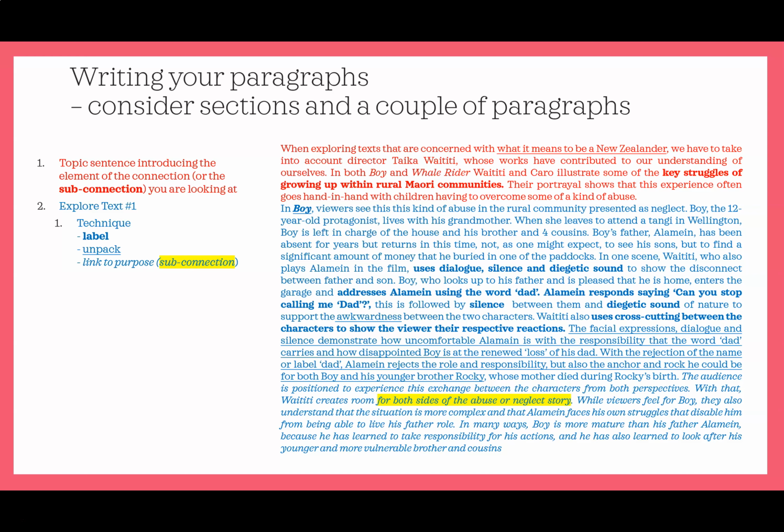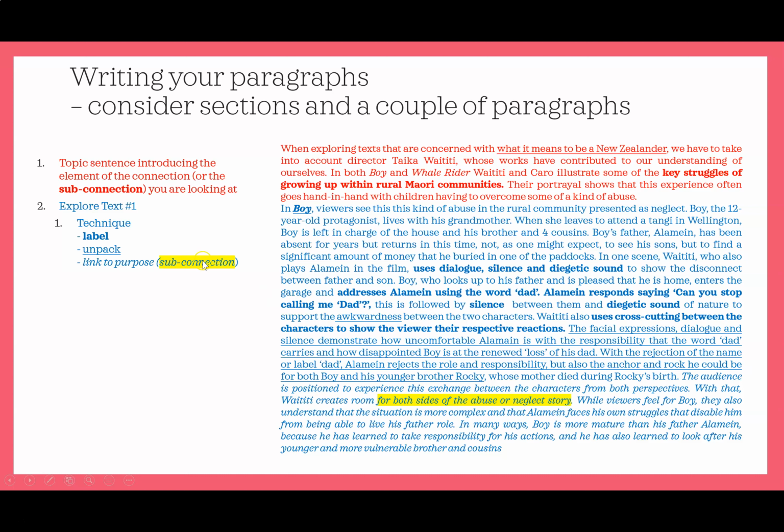And so I made that really clear in a bit of my introduction, that neglect plays a key role in that sort of abuse story. And then what you can see down here in italics is a really clear discussion of how the audience is positioned. So what impact does this text have on the audience? How did the director do that? So I mentioned the director's name as well here, and talking about how he actively creates a particular environment.